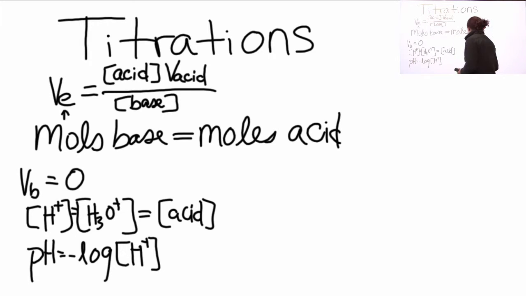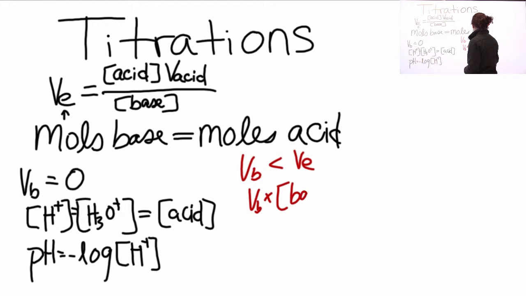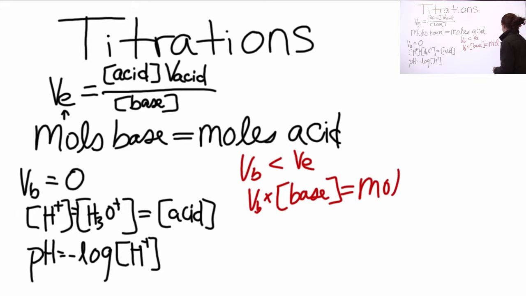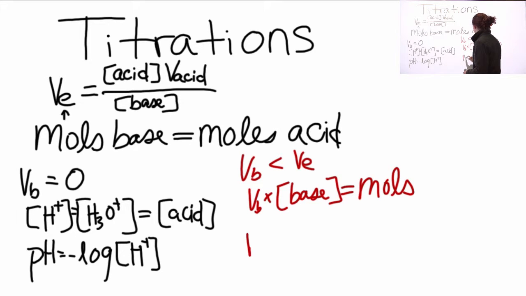The second one is if your volume of your base is less than your equivalence volume. So what you do here is you calculate, you do your volume of base that you've added times your concentration of base to find the moles of base that you've added, and then you subtract your moles of base from the moles of acid.